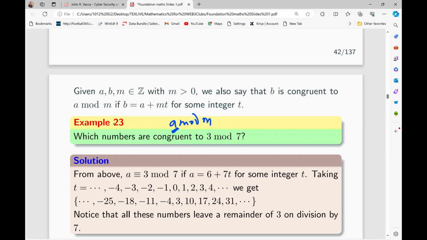So if somebody writes 2 mod 7, this person is telling me that he had a number, then divided by 7, and the remainder is 2. So if somebody tells me 3 mod 7, what comes to my mind is that this person had a number and divided by 7. The remainder was 3. It's what is written here.